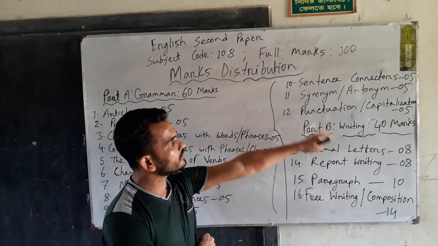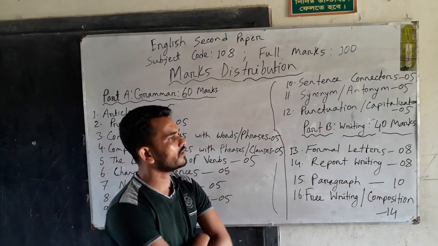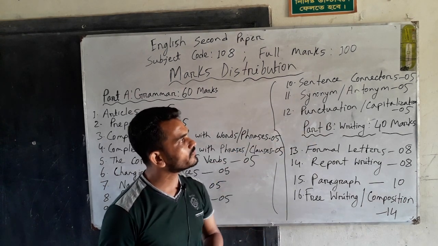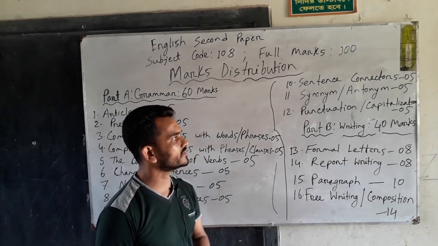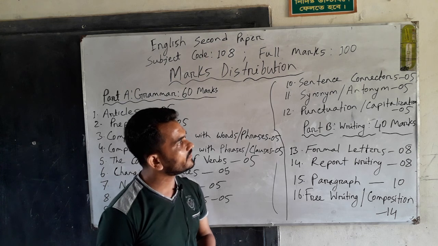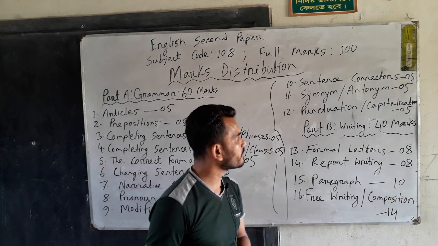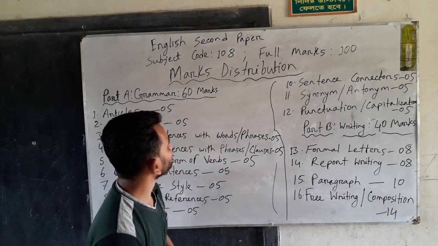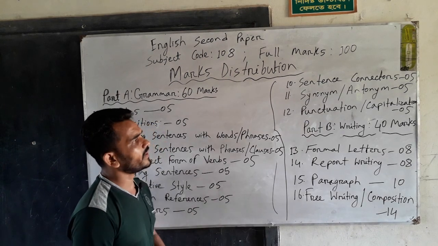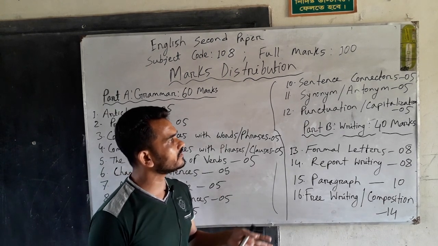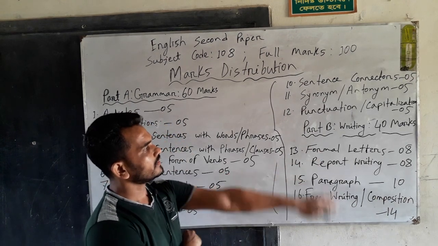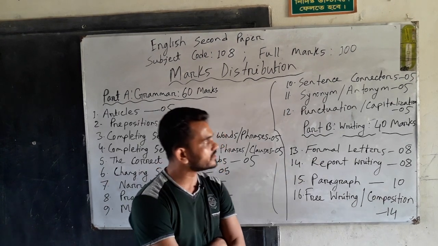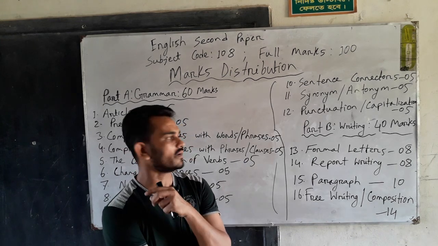Dear learners, you will use punctuation marks or sometimes capital letters in different words, in different sentences. Then comes Part B. Part B is the writing test, and for this part you will have 40 marks.